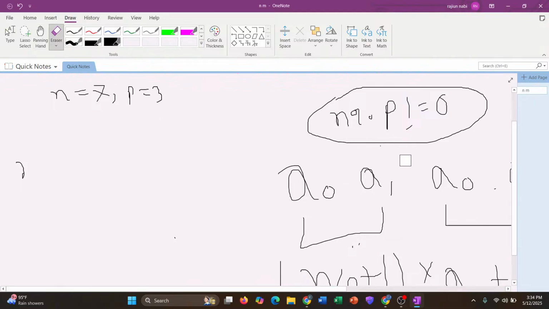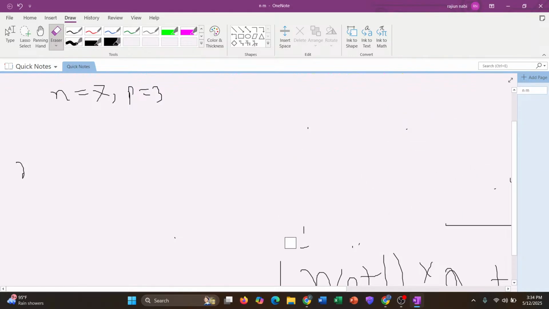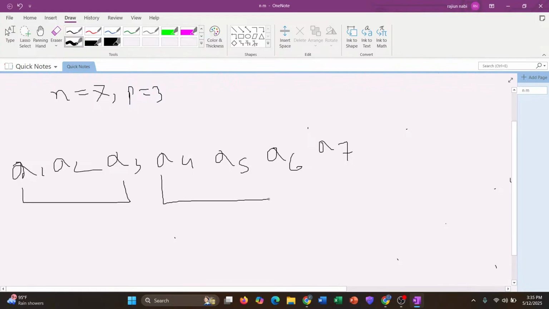Okay, so if we write the array a1 a2 a3 a4 a5 a6 a7, and if we divide the array into 3 consecutive chunks, okay, fine.